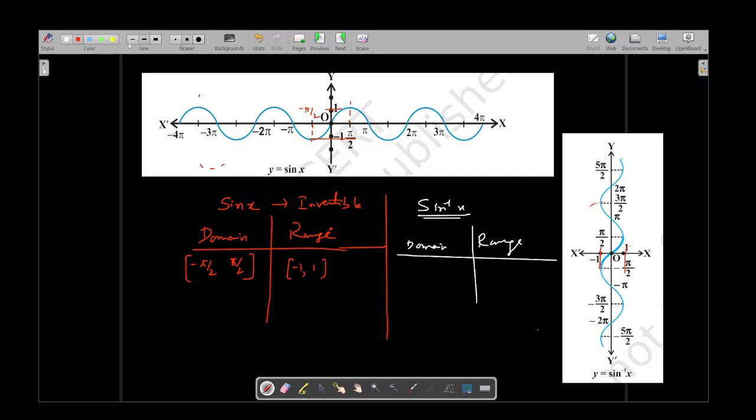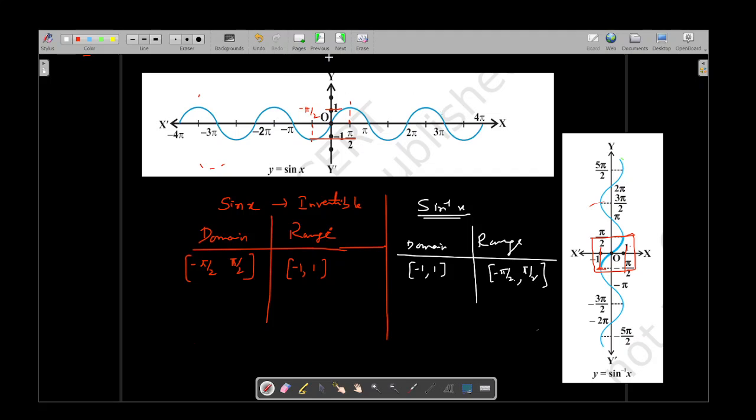So the domain is minus 1 to 1, and the range is from this value to this value. We are taking only one branch. If you consider all the branches, then it is the full set of real numbers. If I take only one branch, the range will be from minus pi by 2 to pi by 2. So the range is minus pi by 2 to pi by 2.